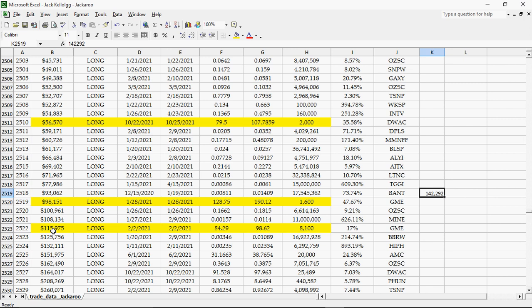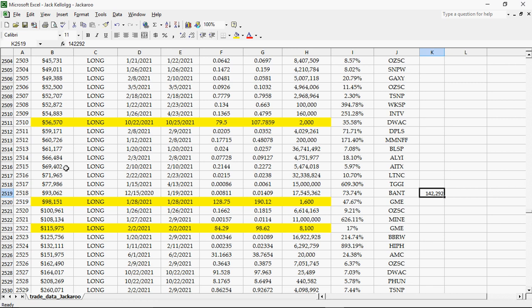Now, here's another reason I like looking at this. Tim Sykes says that you should only trade stocks from $1 to $10. Tim Sykes would never trade these tickers because they're way too expensive. But Jack Kellogg does. And look at the results. He's richer than Tim Sykes now.